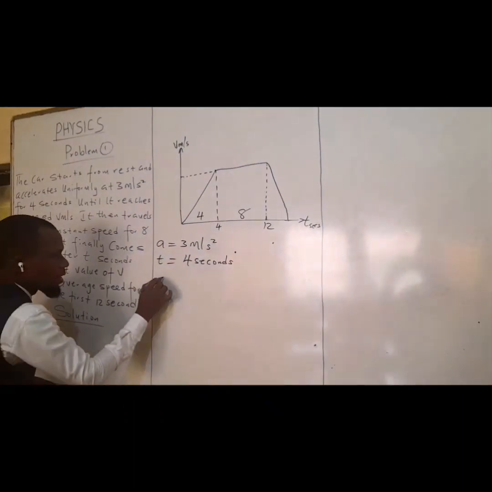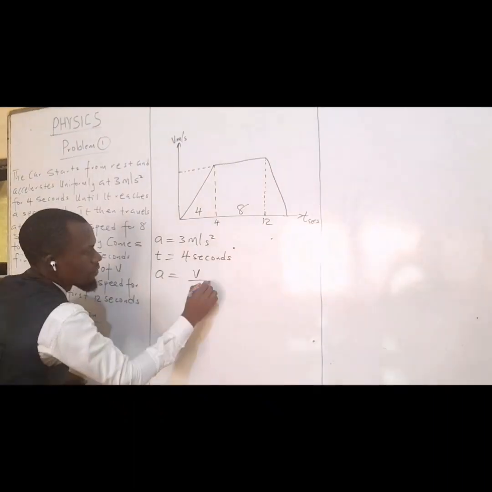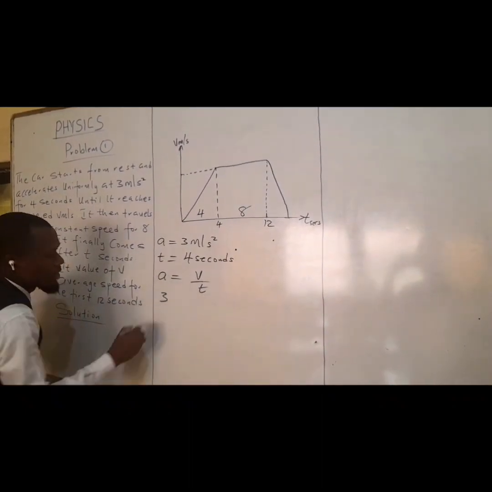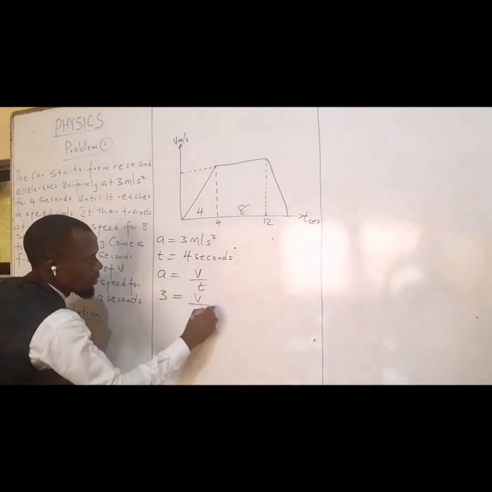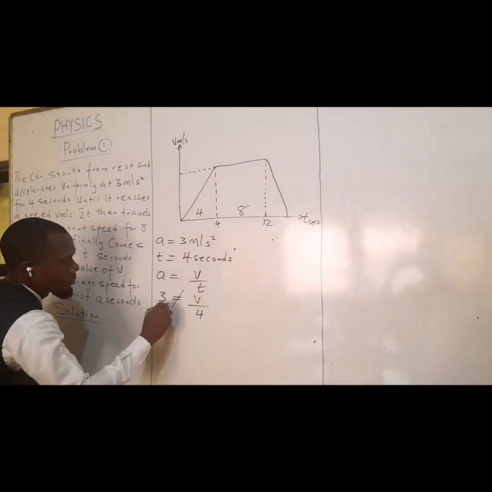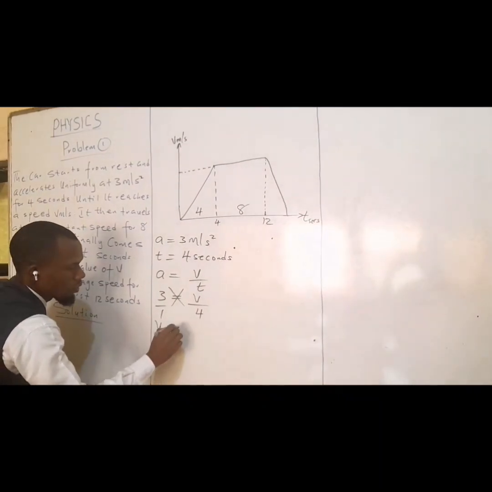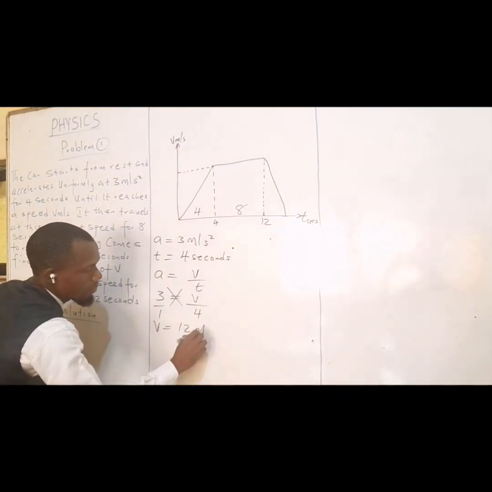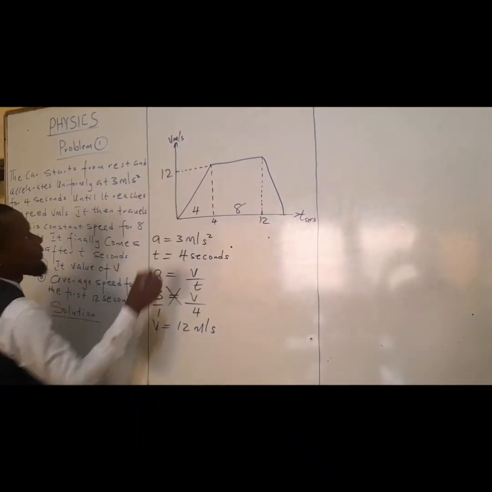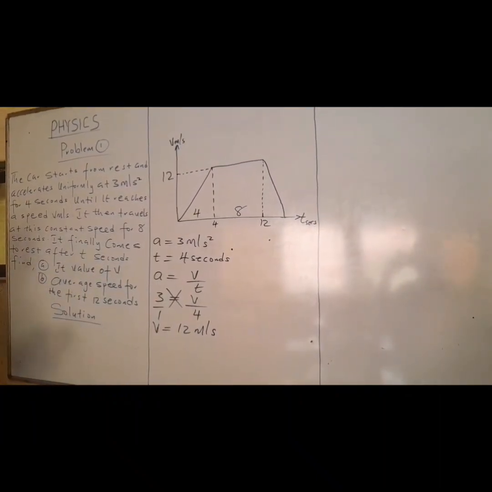I know that my A is equals to V over T. So my A is 3. My acceleration 3 is equals to V over 4. So I'll cross multiply. My V is equals to 12 meters per second. So here is now 12. So I'm done with A.